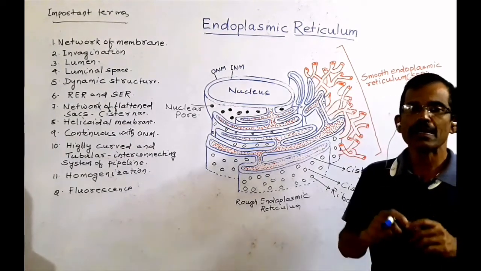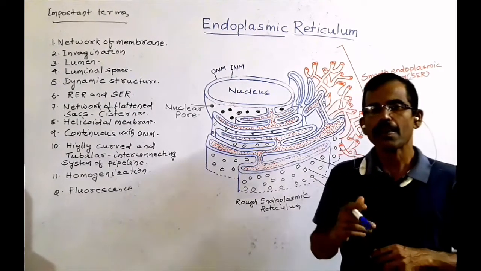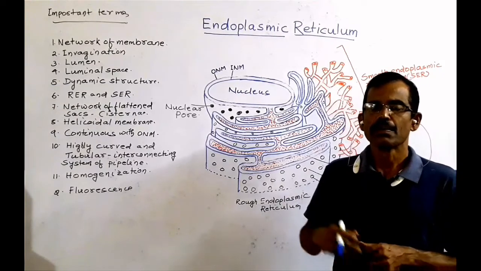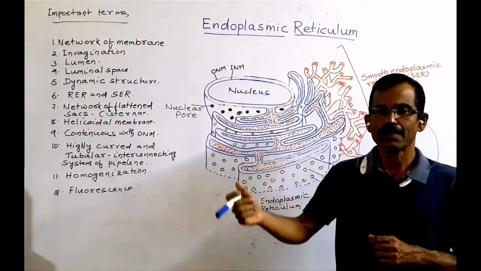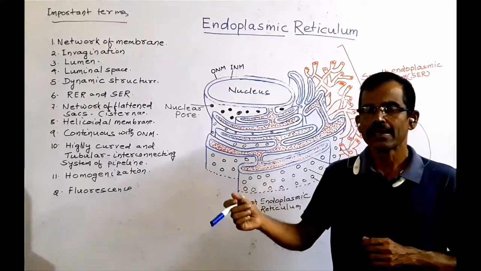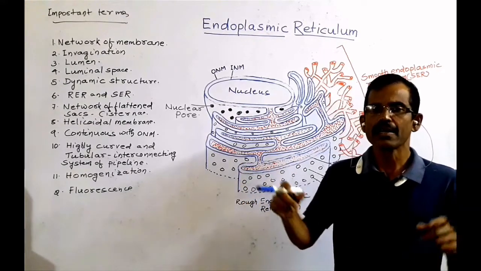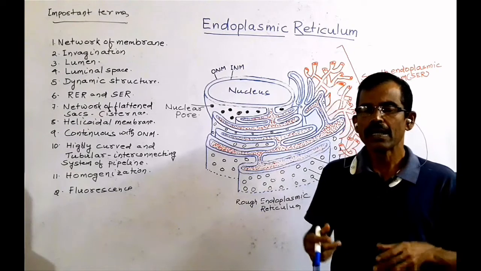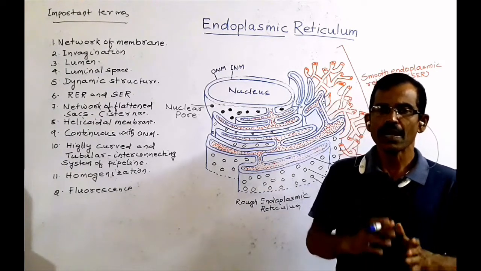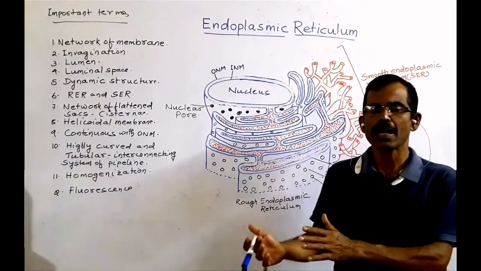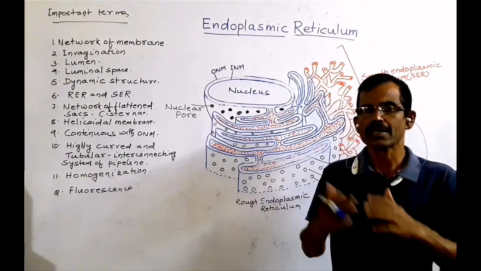Fluorescently labeled lipids and proteins are capable of diffusing from one type of endoplasmic reticulum to the other type. This indicates that their membranes are continuous. That means lipids and proteins can move from rough endoplasmic reticulum to smooth endoplasmic reticulum and vice versa.